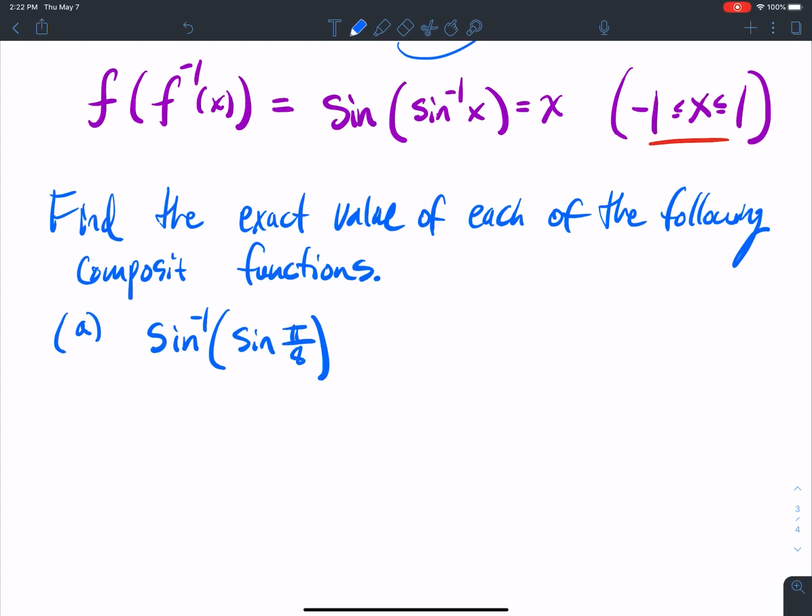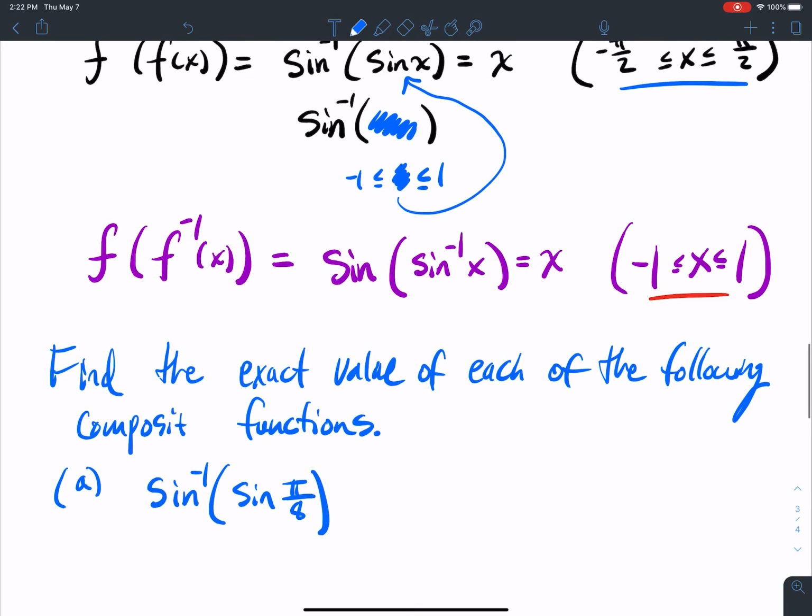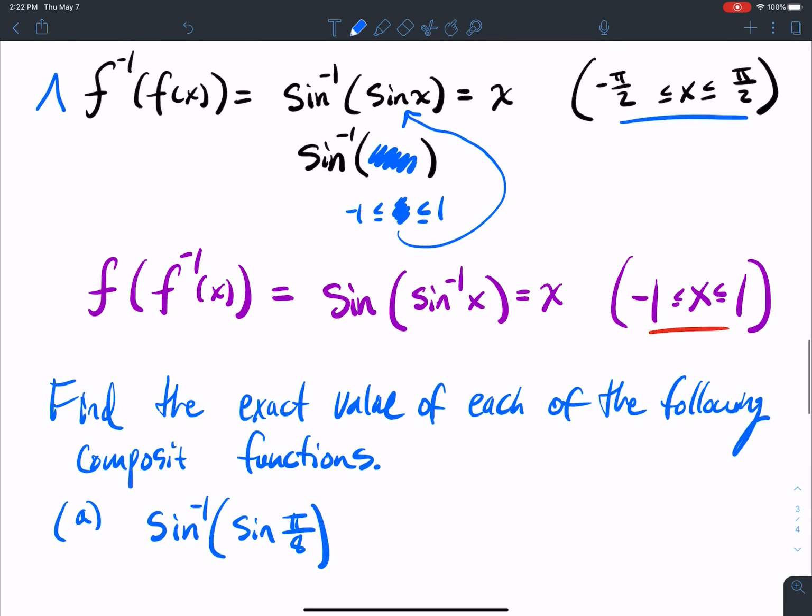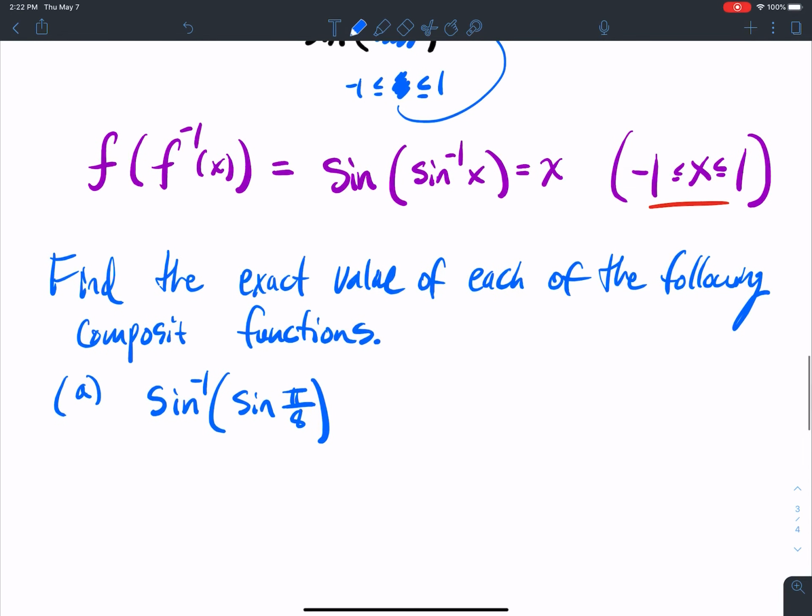Now the sine inverse of the sine looks like this first one here. It's okay as long as our x is between negative pi over 2 and pi over 2. So pi over 8 is definitely between pi over 2 and negative pi over 2. So this is literally equal to pi over 8.